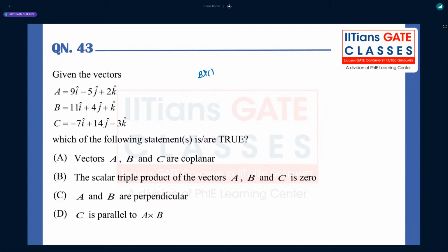B cross C is what? i, j, k, 11, 4, 1, -7, 14, and -3. Okay, so that is how B cross C will look, and then A dot it.